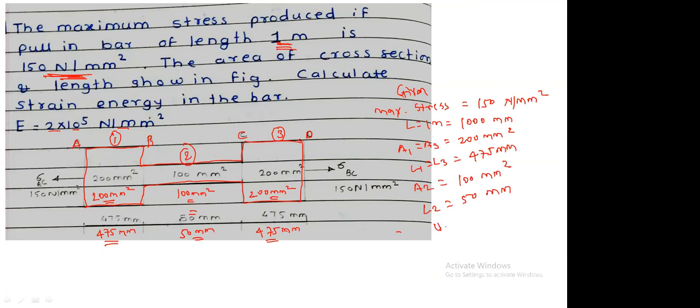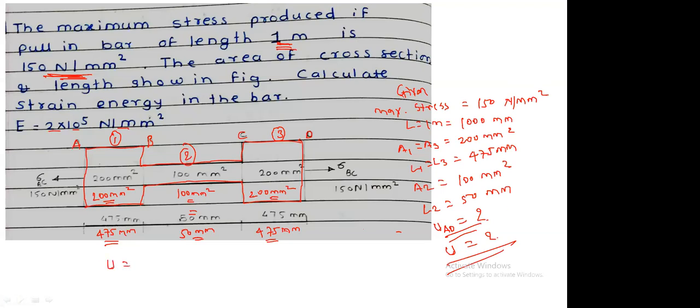And what we have to calculate is the total strain energy, that is, for the total bar from point A to point D, U of AD is equal to, or we can consider capital U is equal to. Both are the same. Whether we write U of AD or capital U, both are the same. That is, we have to calculate the total strain energy. Then what will be our formula?